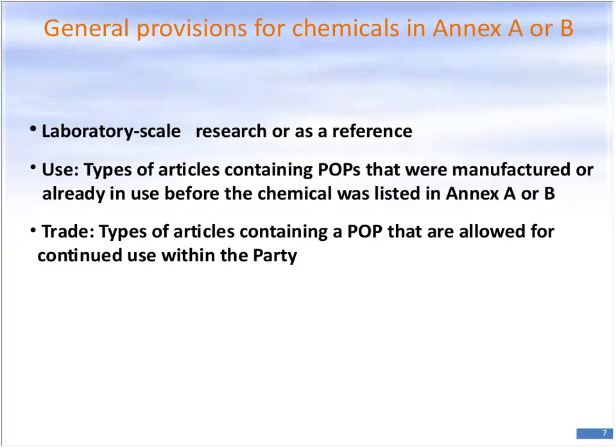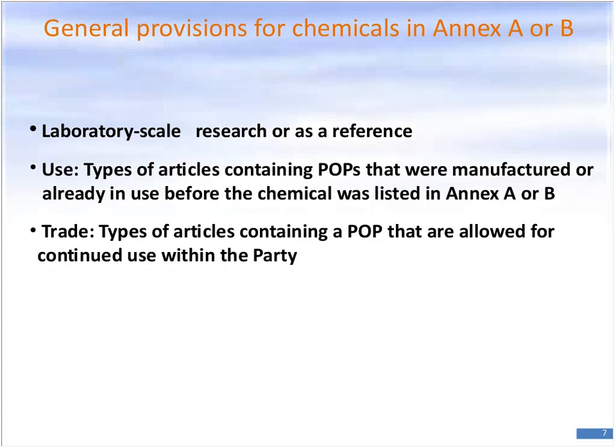Then in annexes A and B, which are for the intentionally produced industrial chemicals or pesticides, there are some general provisions when it comes to the obligations, what is banned and what is restricted.